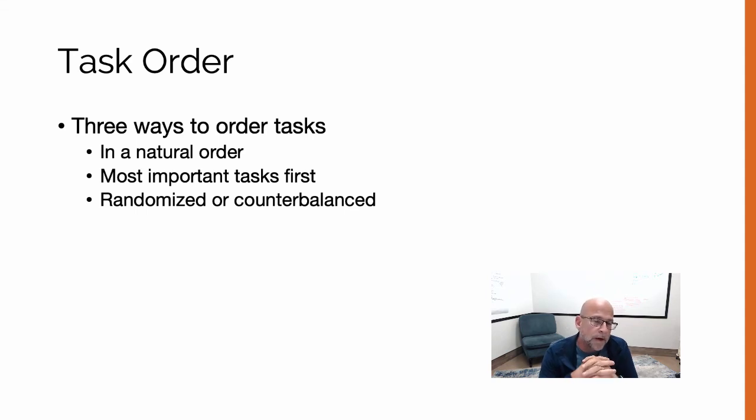Other times you might want to randomize or counterbalance your tasks. You do that so that people don't learn from a first task and then suddenly are smarter about it when they conduct the second task, and even smarter still when they conduct the third. We always think that that third task, that printing task, is really easy, when in fact, it's really not that easy.